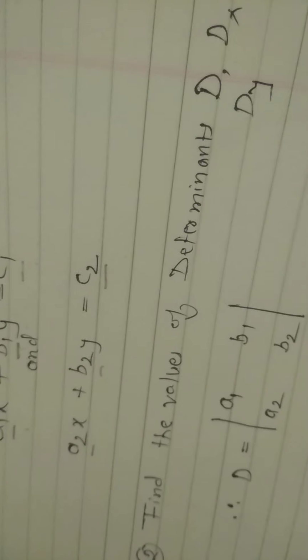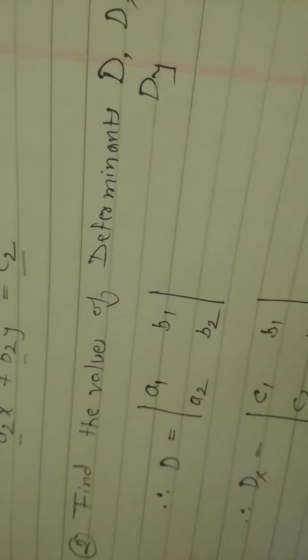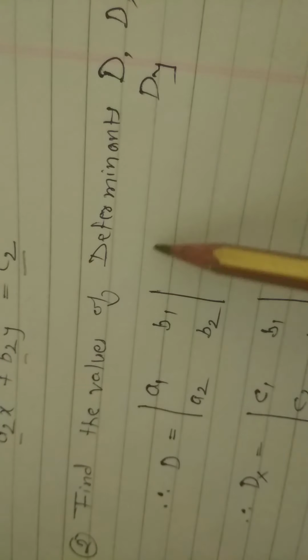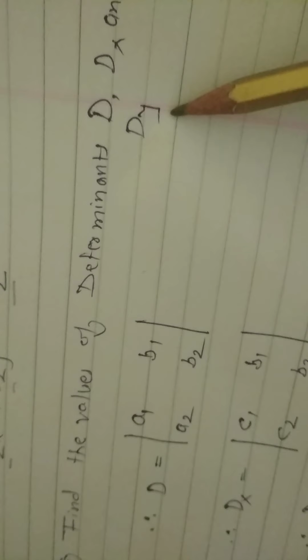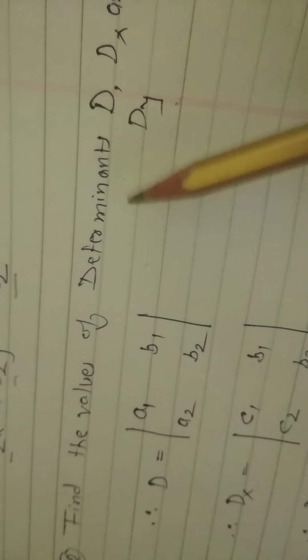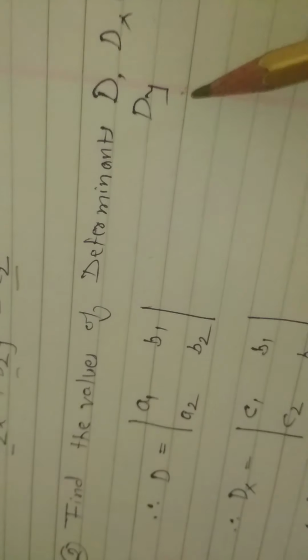Let's see the second step. The second step is to find the value of the determinants D, Dx and Dy. How to find the value of determinant D?